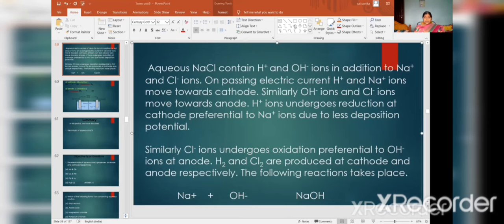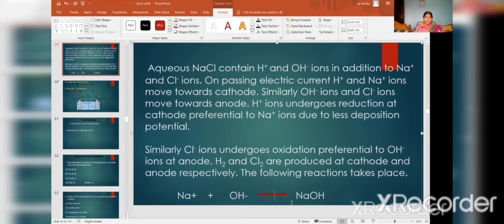Here we will keep this arrow mark. This is the reaction taking place. Na plus plus OH minus combine to give the NaOH product.